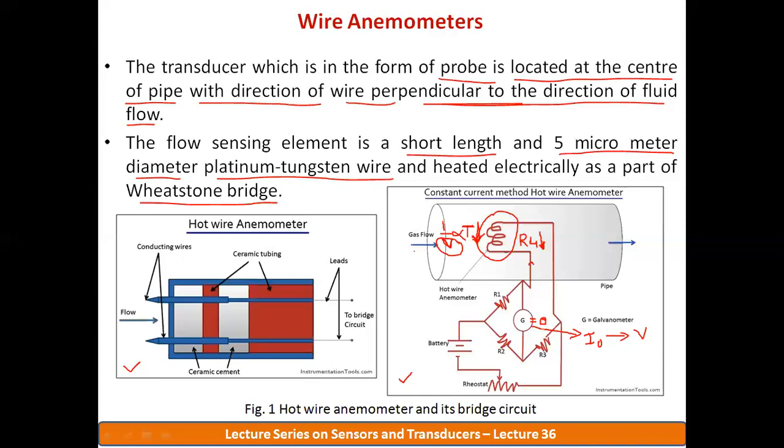We can calculate the velocity of the gas with the reading given by the galvanometer, or in another method, we can directly calibrate the galvanometer to read the velocity of the gas directly, correct? By that way we can measure the velocity or the flow rate of the gas or a fluid.